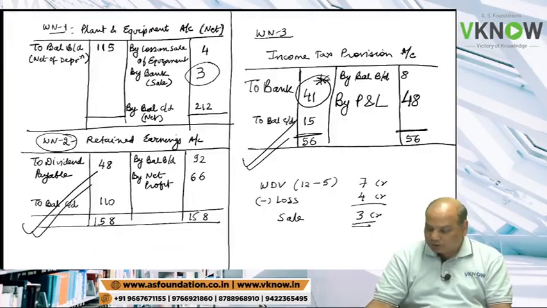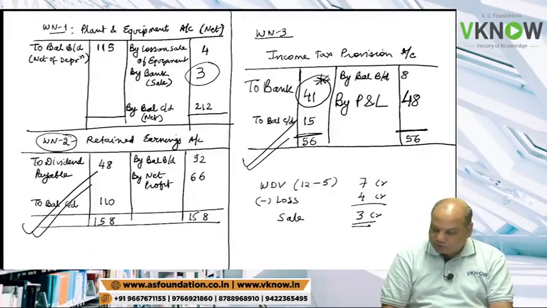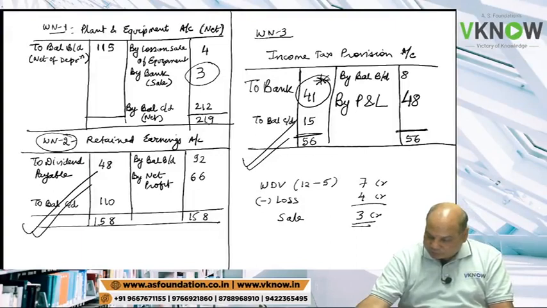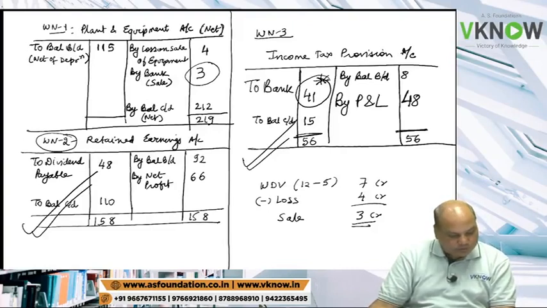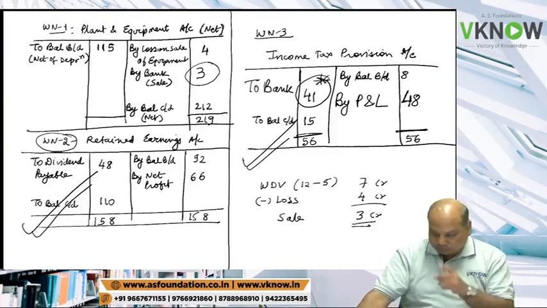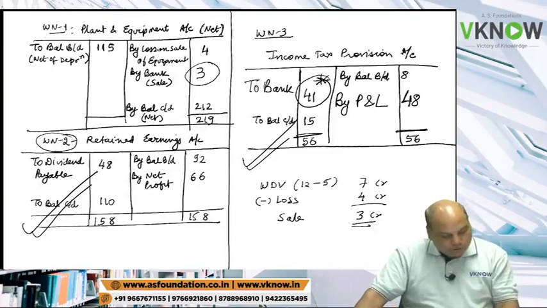Come back to that plant and equipment account. Now check if it is tallying or not. If it is not tallying, something is missing on the debit side, then that will reflect purchase. Before that, we need to calculate the depreciation figure also.